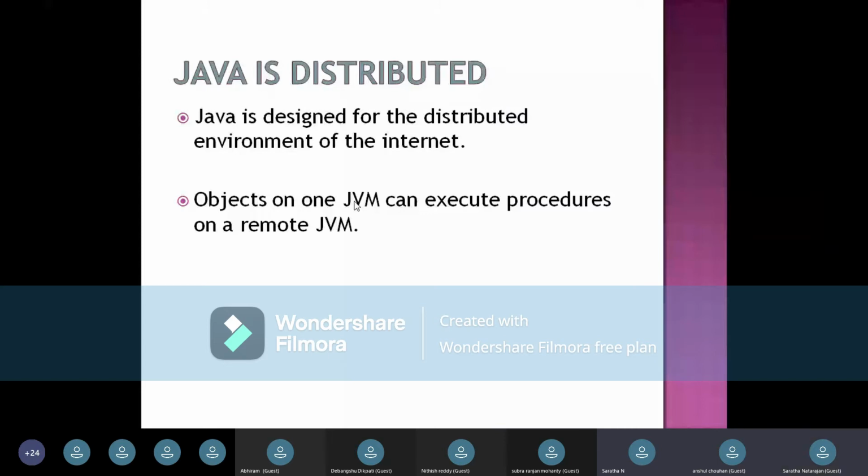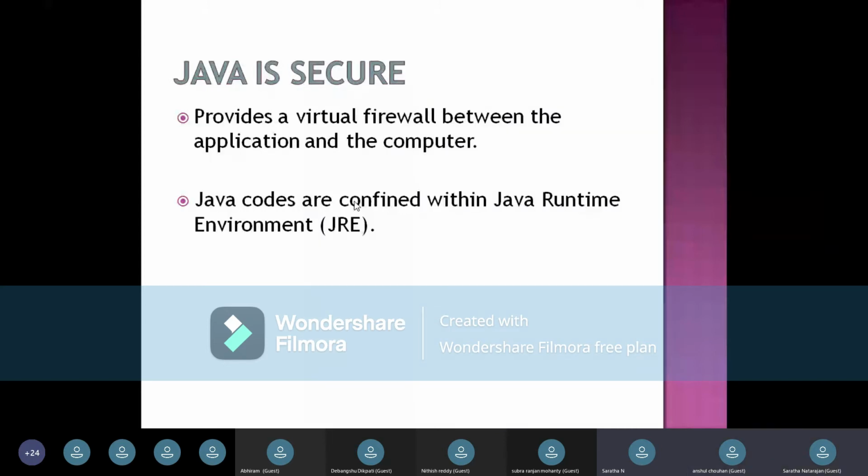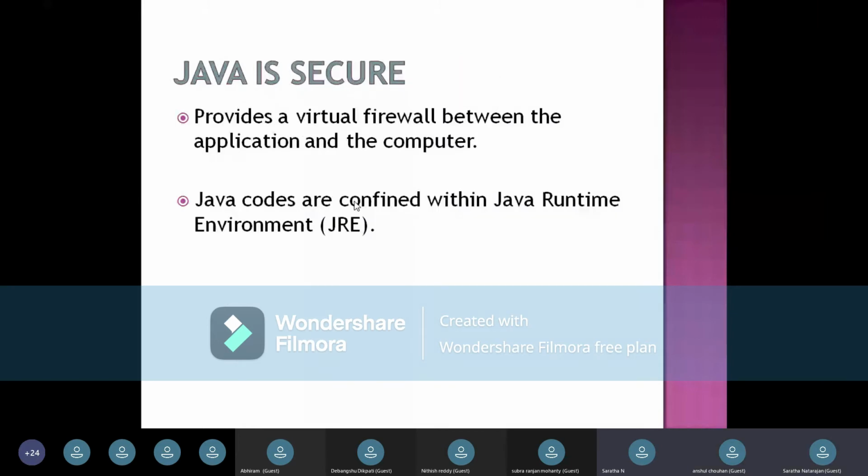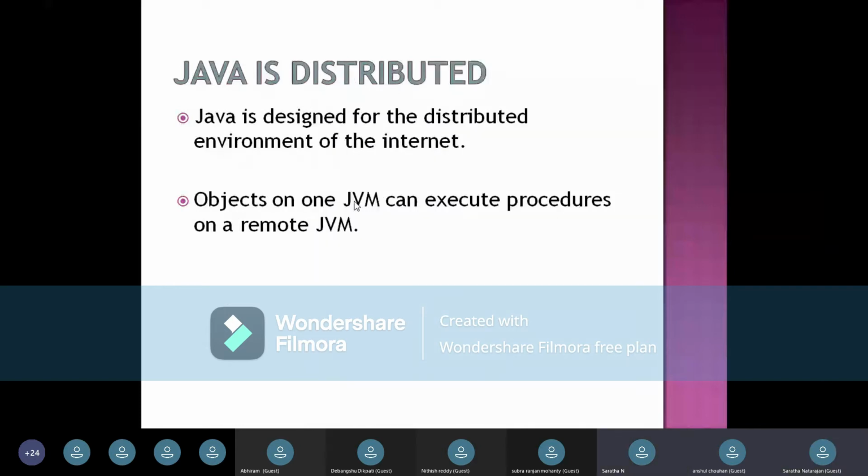JRE is an environment. I will tell you the difference between the JRE and the JVM. The JVM is a machine where you run your code, and the JRE provides you the environment to write or compile your programs. Did you get it?